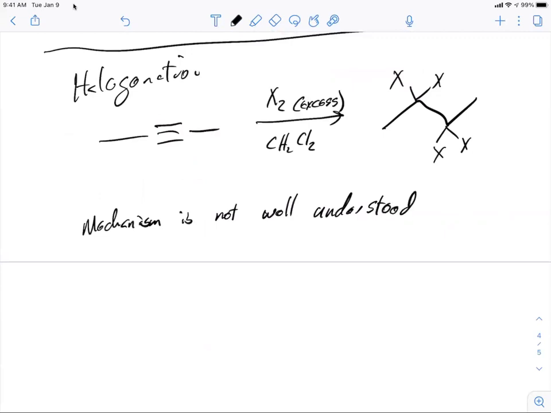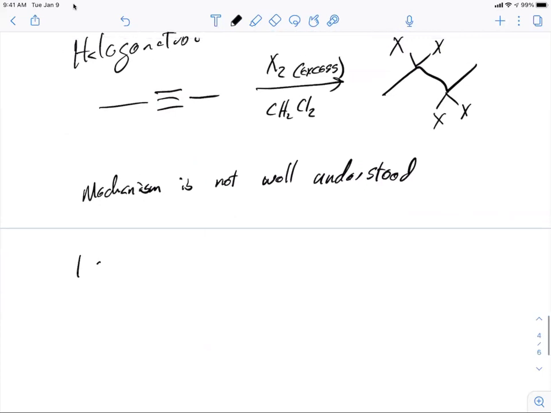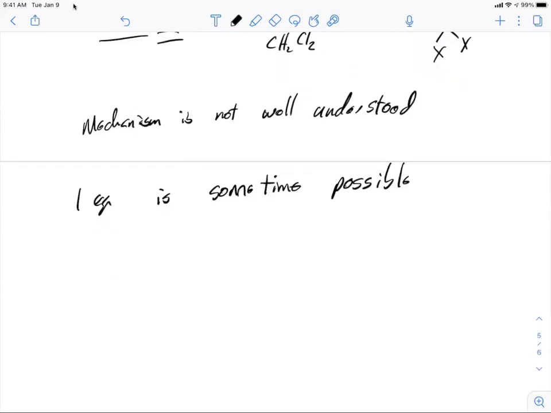So this one is one of those where we won't be looking at the mechanism. One equivalent is sometimes possible. Some of the older textbooks don't do one equivalent because it's problematic. And one of the problems with it is sometimes it doesn't work really well, meaning you end up with the tetrahalide anyway. But there are cases where it will work.